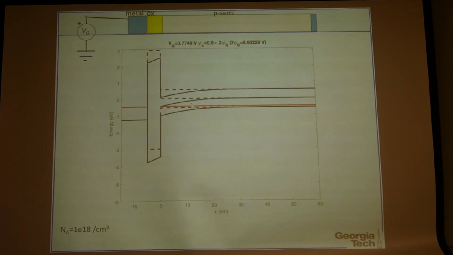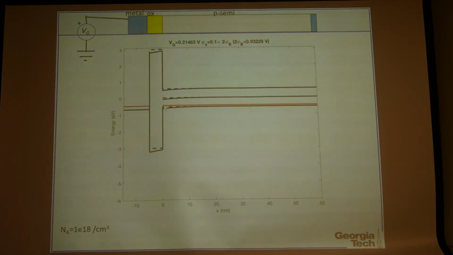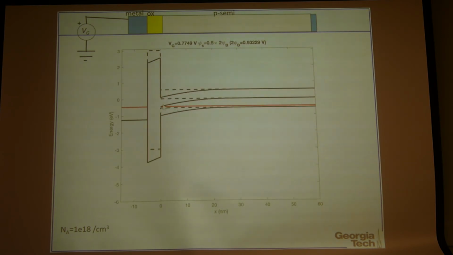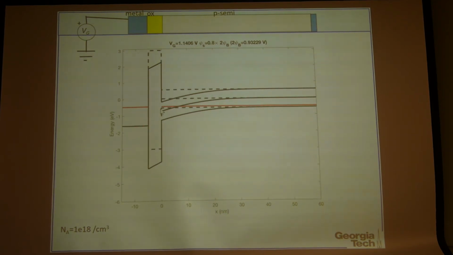So that means initially you see at the surface, the Fermi level, the red line, is close to the EV. That means this is p-type, right? But as you push down the band, the Fermi level at the surface is going to be close to the EC conduction band.